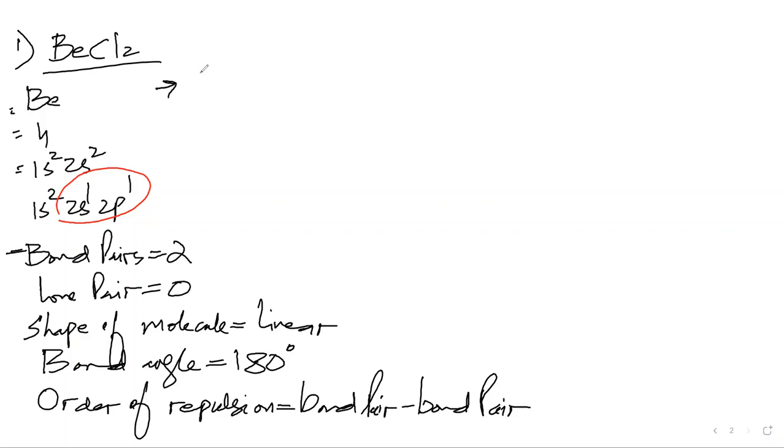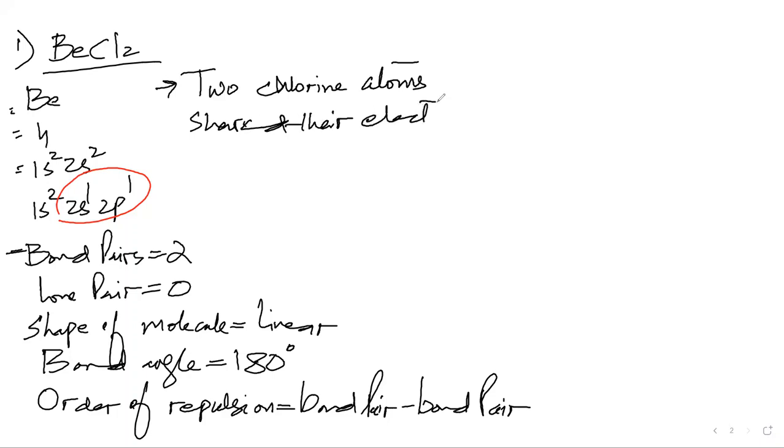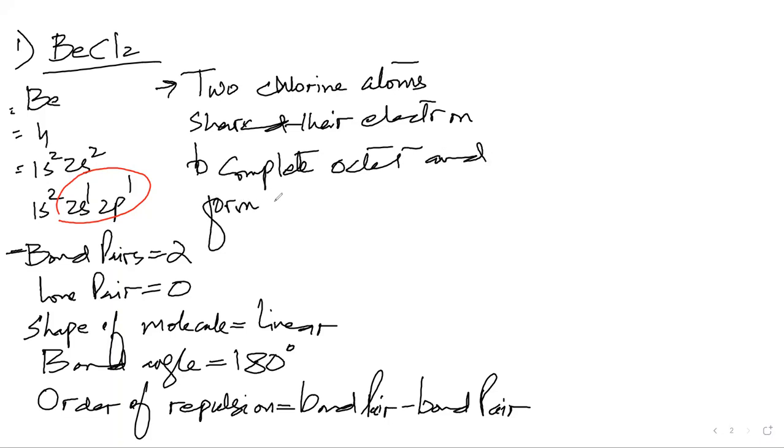And to complete the molecule, 2 chlorine atoms share their electrons to complete the octet and form a sigma bond.